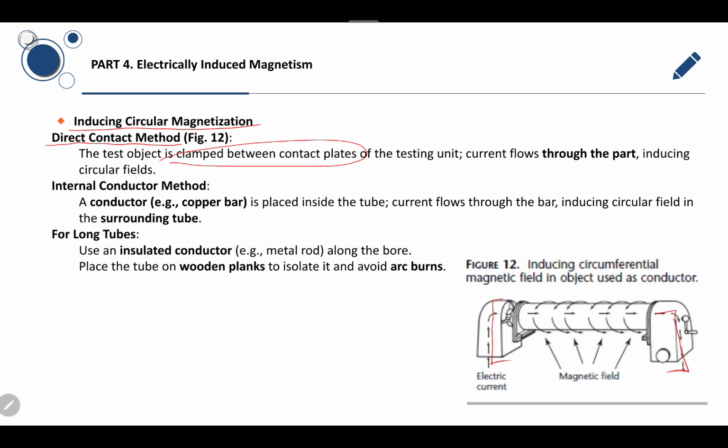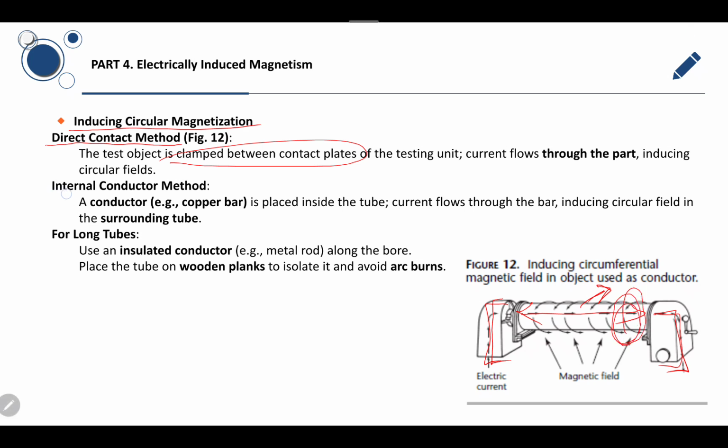The part between the clamps is our test unit, that means our part. The current flows through the part. This direct current flow induces the desired circular magnetic field within the component.